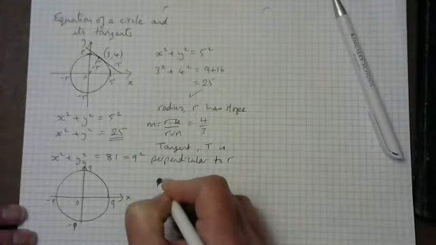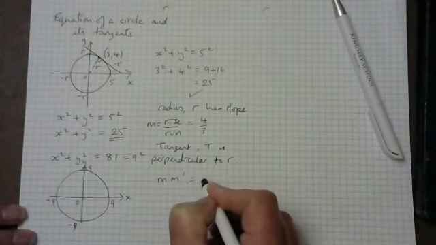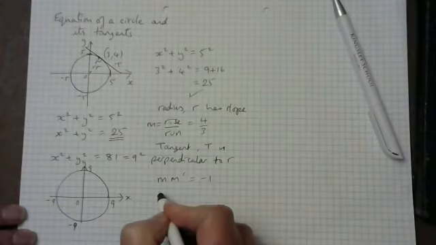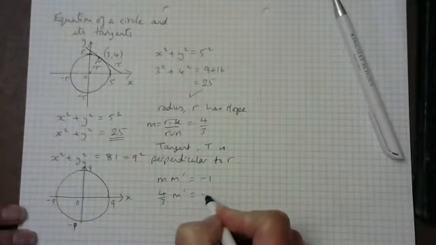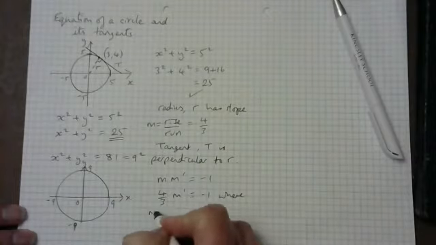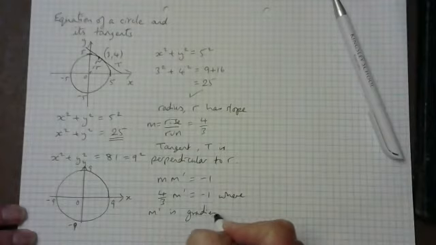We have an equation, m times m prime equals -1. m is 4/3, so 4/3 times m prime equals -1, where m prime is the gradient of t.